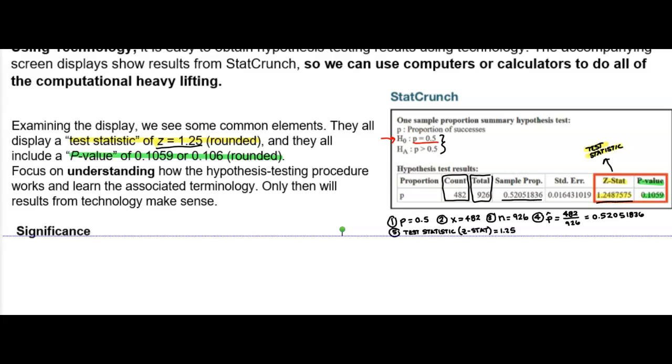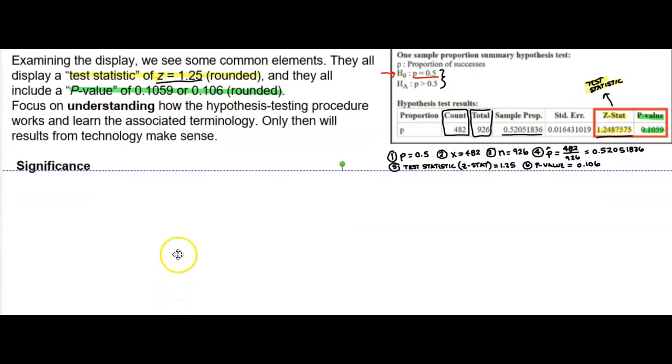There is your point estimate, or the sample proportion. And then number 6, what is the p-value? Well, the p-value is equal to 0.106 if we round that to 3 decimal places.